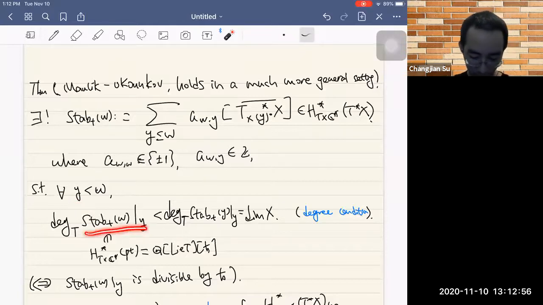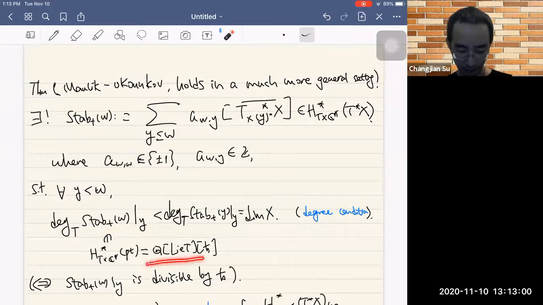This will lie in the equivariant cohomology of a point, i.e., it is just some polynomial, and then you can consider the degree of this polynomial. But we only consider the degree with respect to this Cartan subalgebra. We don't consider the degree with respect to the whole torus. We only consider the torus fixing the symplectic form, and the condition is as follows.